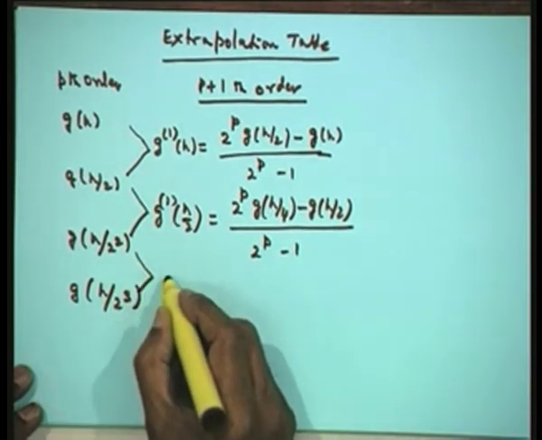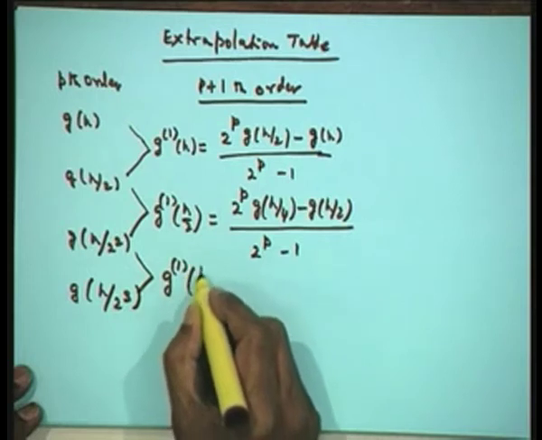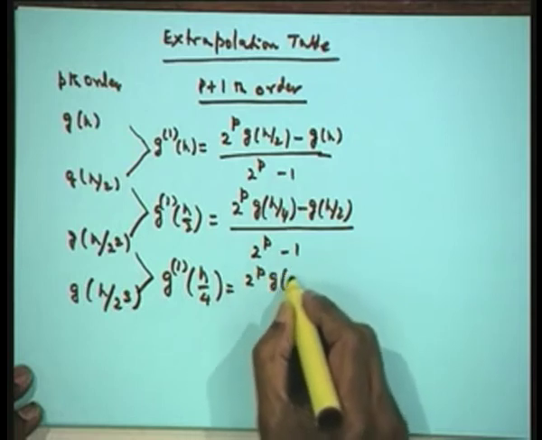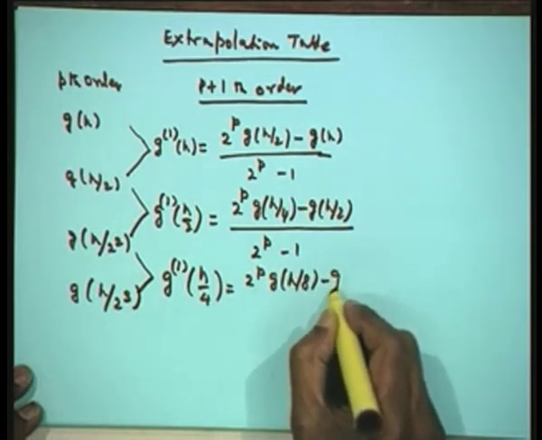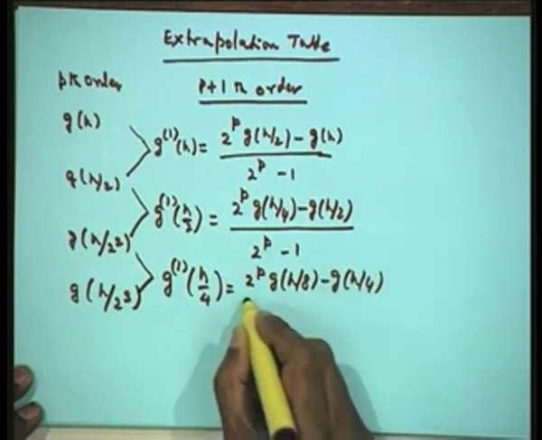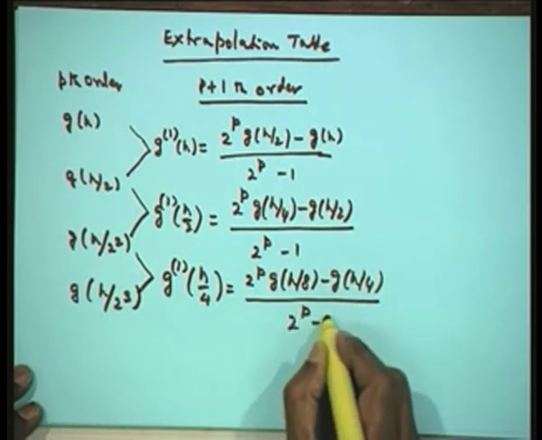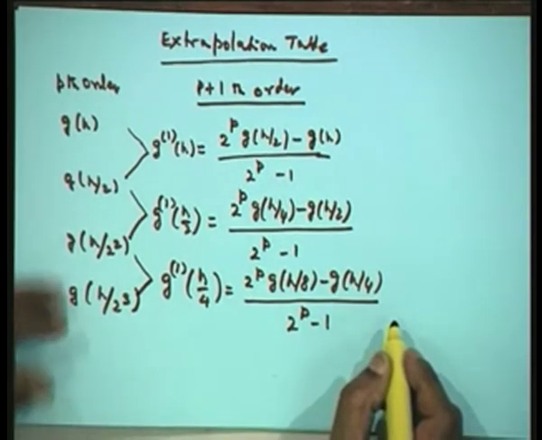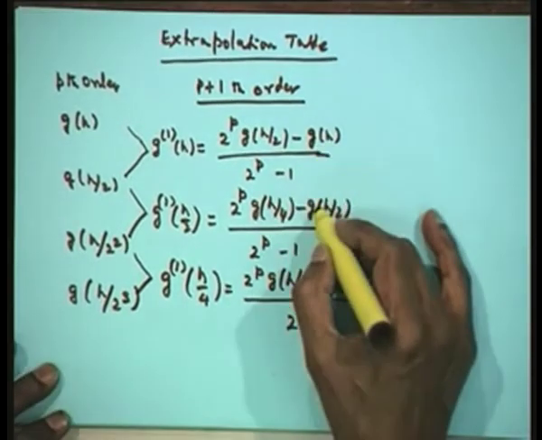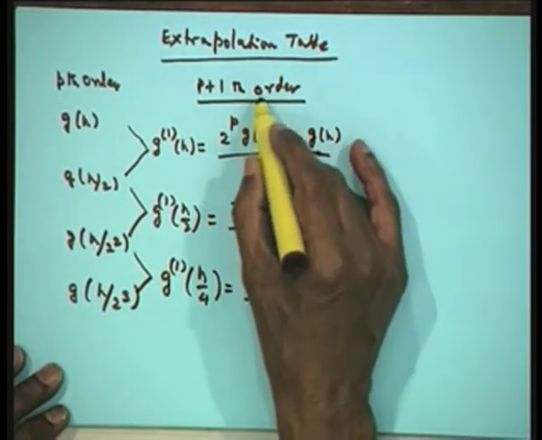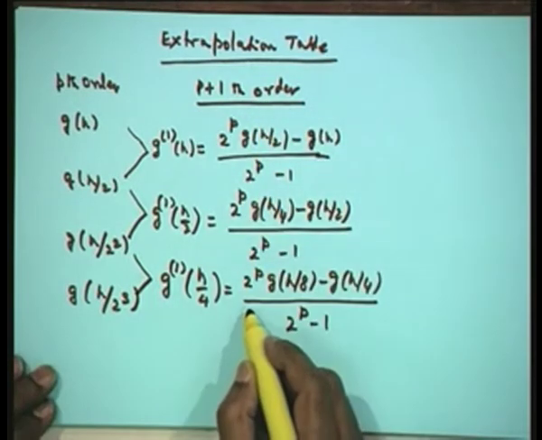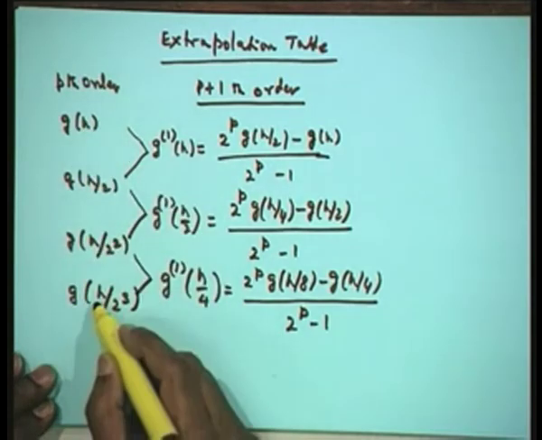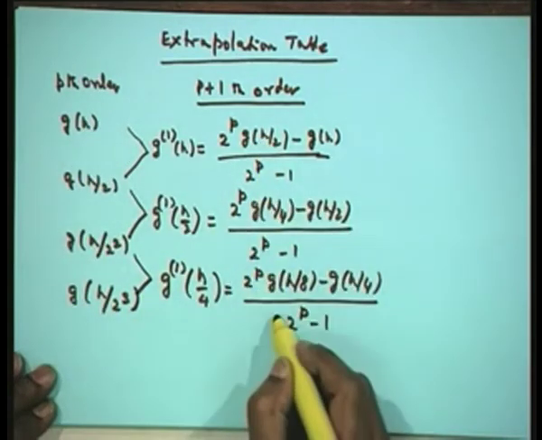If I manipulate these two, again I will have g 1 of h upon 4, this is 2 to the power of p g of h upon 8 minus g of h upon 4, divided by 2 to the power of p minus 1. Now, all these three results are of p plus 1th order, the last one being the best value, because this is h smaller, h smaller, h. So, this last value is the best in this column.